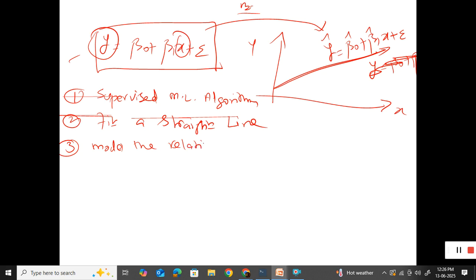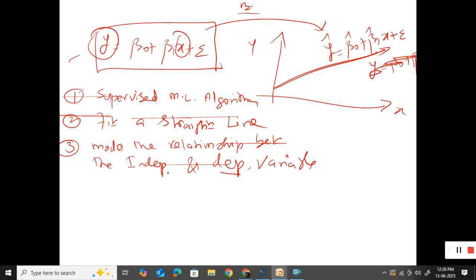Model the relationship between the independent and the dependent variable. I'm just using some abbreviation: dep means dependent, indep means independent variable. That is the beauty of using the linear regression algorithm. So now the question is, why do we have to use linear regression?